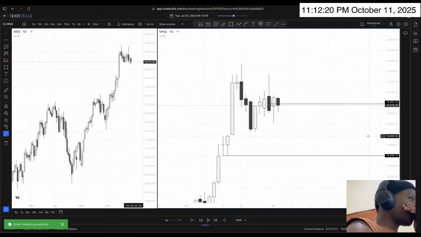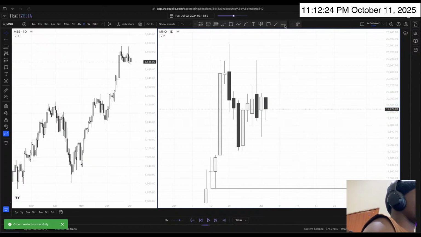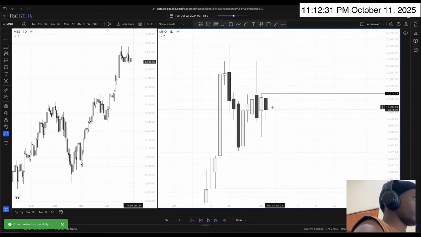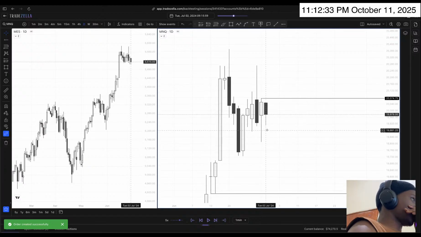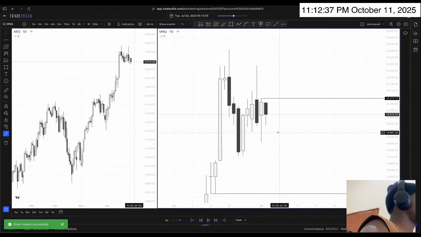Right. Yeah, so what do we see here? Sweep. I'd like to see this high get taken out. How many? This is around 9 candles. This high here. Because we've ran this low here, and we have some kind of SMT.